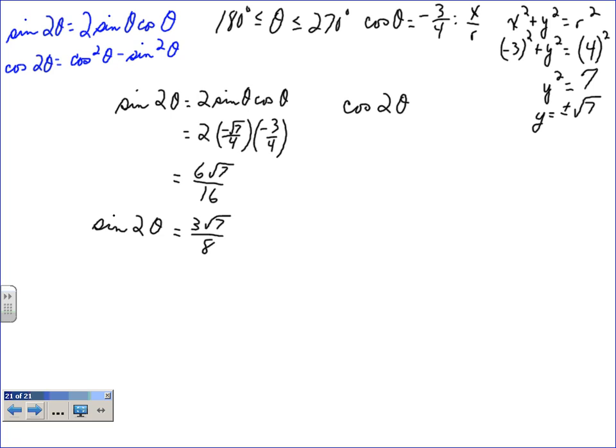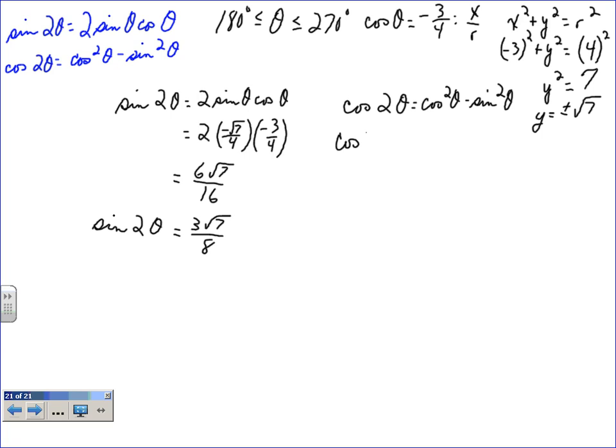All right. Let's find cosine of 2 theta. Formula: cosine squared minus sine squared. Once you use that Pythagorean theorem, it's just putting it into a formula, and the arithmetic should be easy.